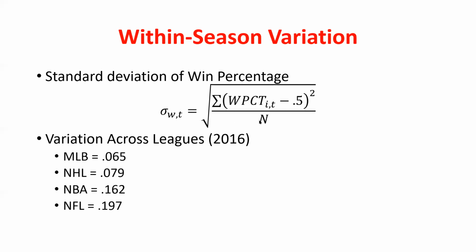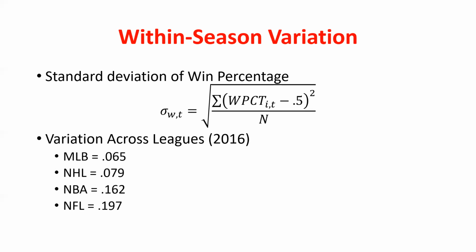Even if I saw the same deviation of each team from that mean, I'd end up with a lower standard deviation measure when I had a higher number of teams, because I'm dividing by a larger number.